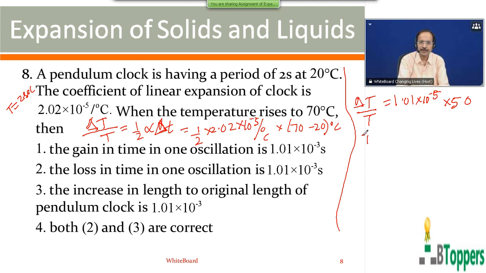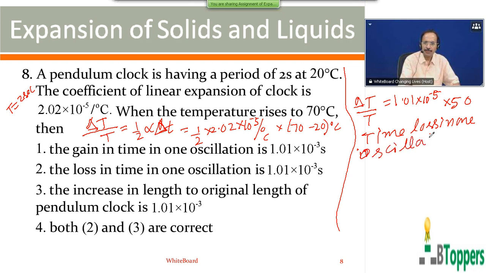So the actual change in the time period, that is the time lost in one oscillation. When the temperature of the pendulum clock increases above the particular temperature at which it shows correct time, the pendulum clock runs slower because length increases, time period increases. That means it takes more time for each oscillation, runs slower. So time loss in one oscillation can be written as delta T, that is the change in time period.